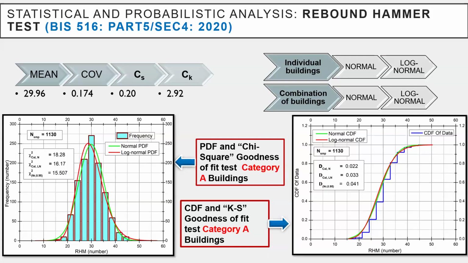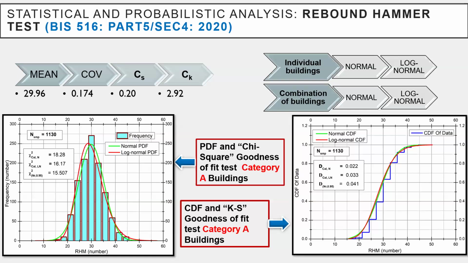The mean value is about 30, coefficient of variation is about 17%, and coefficient of skewness is 0.2. That means my distribution is positively skewed, and the coefficient of kurtosis is 2.92. That means more or less the distribution is similar to the normal distribution.